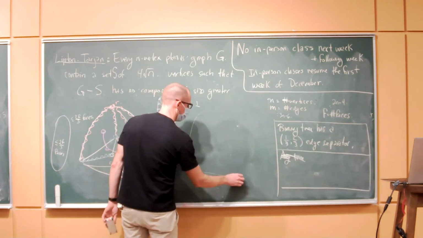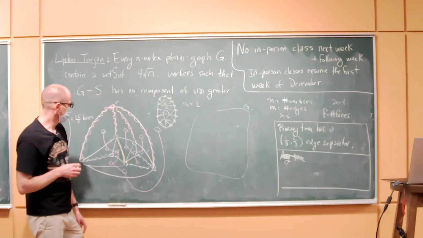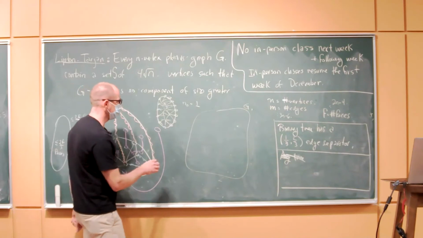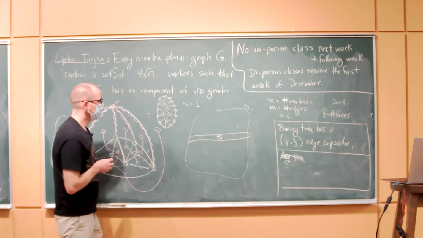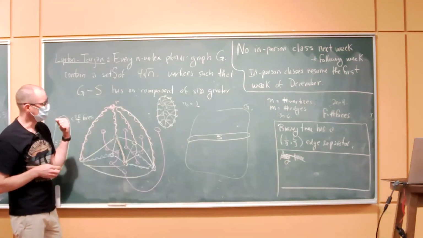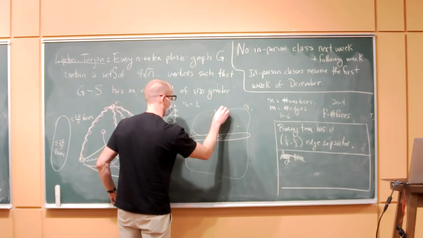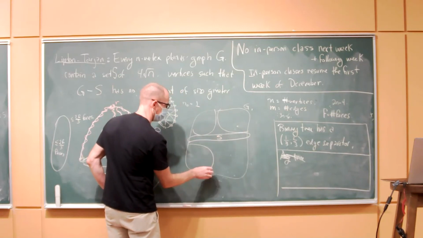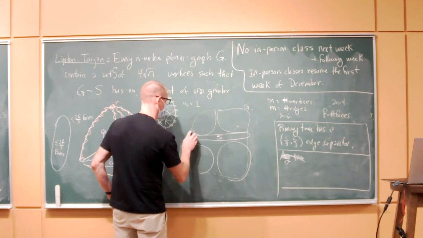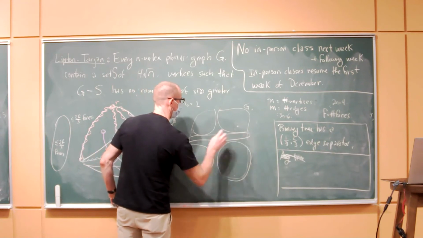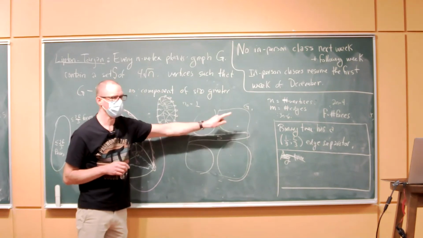You have your planar graph, G. You take your separator, S, you remove it from your graph, and that breaks your graph up into components. Not necessarily just two, could be lots. But no component has size bigger than 2n over 3.